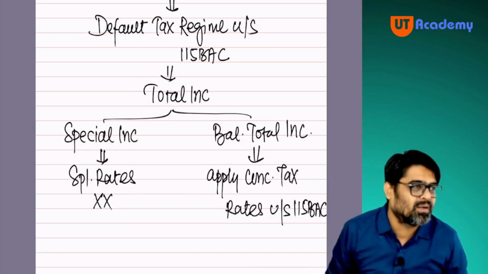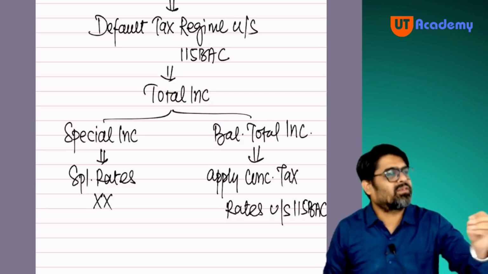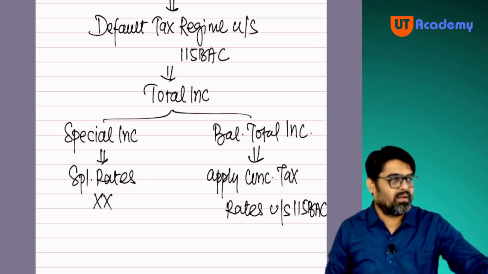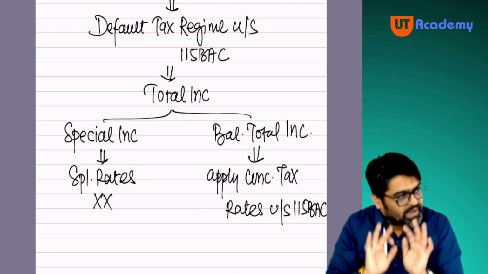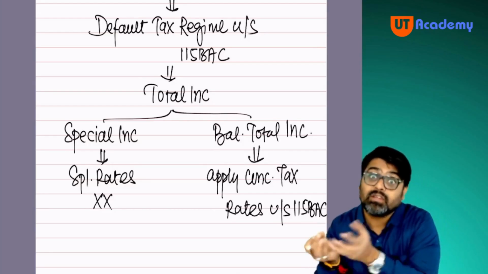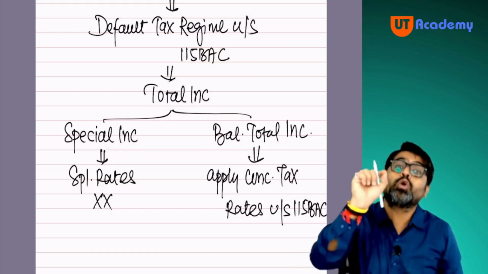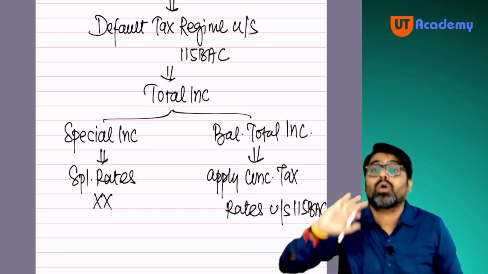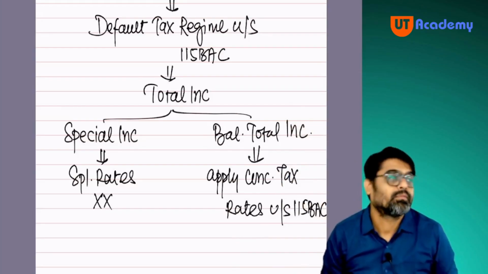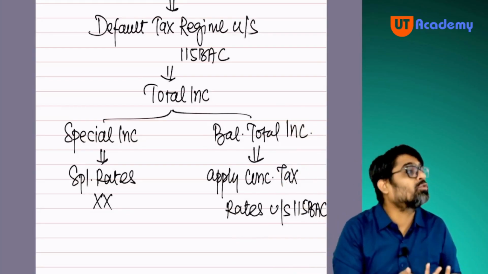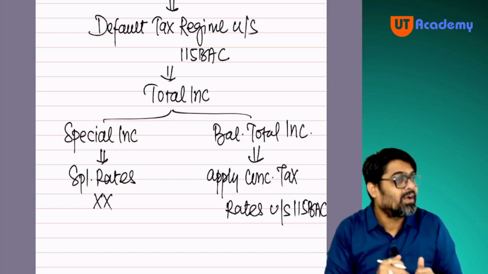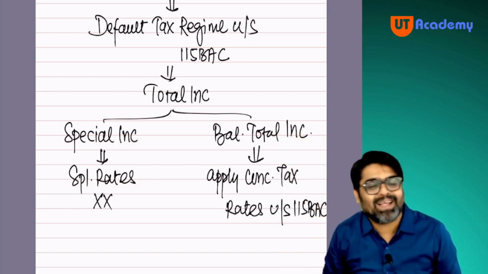So tell me, if the concessional slab rates are there, meaning less rate of tax, savings are going to happen. Yes or no? So tell me, will you prefer this tax rate or the normal tax rates? Definitely this. Nobody is going to shift out and follow the normal tax rates.